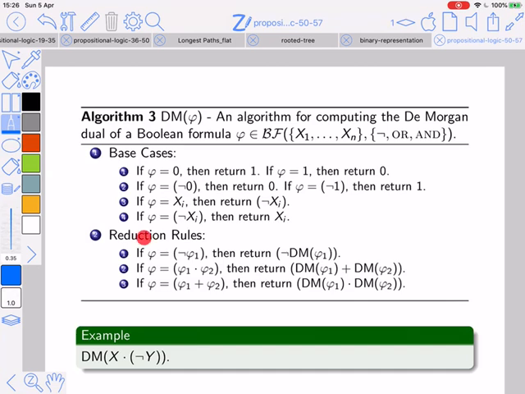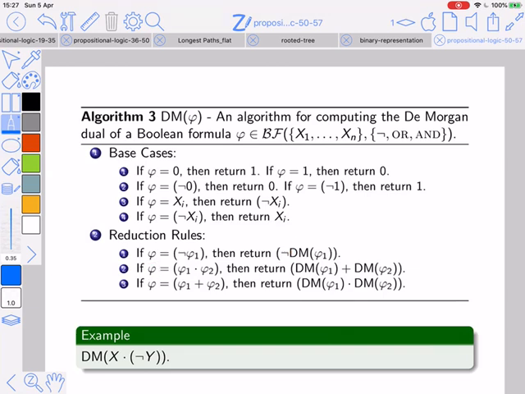The reduction rules. When the formula has a parse tree that consists of more than two nodes, then we apply the reduction rules. The reduction rule, when phi is the negation of phi 1, we apply the De Morgan dual recursively on phi 1 and add a negation at the end.